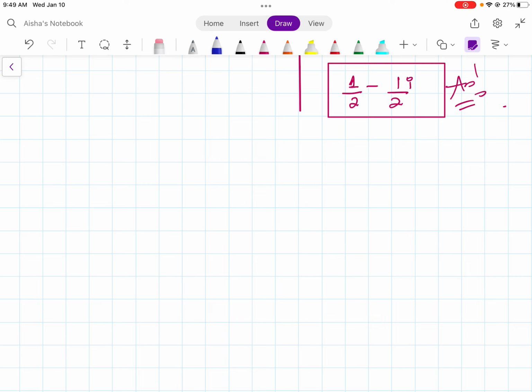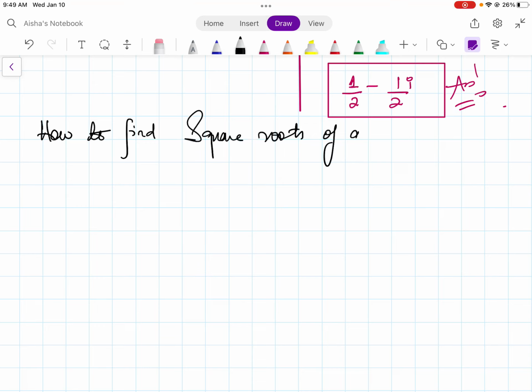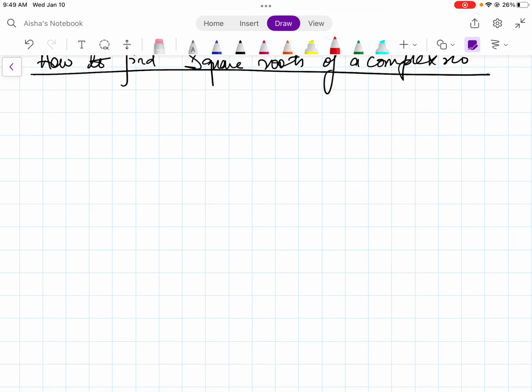Now, another concept is how to find square roots of a complex number. These questions are straight away asked directly in the exam paper.